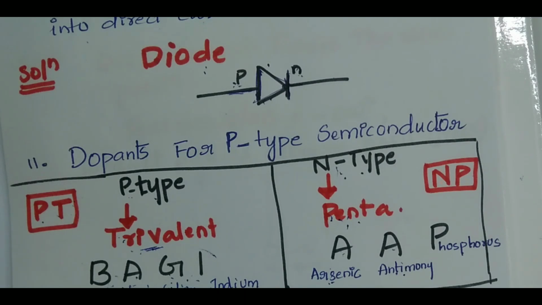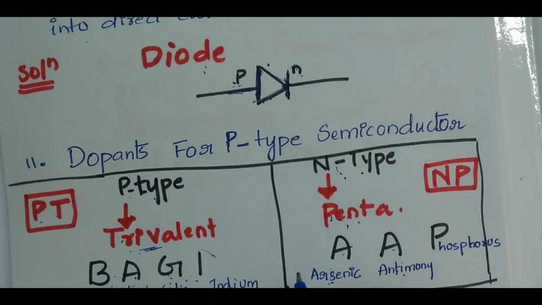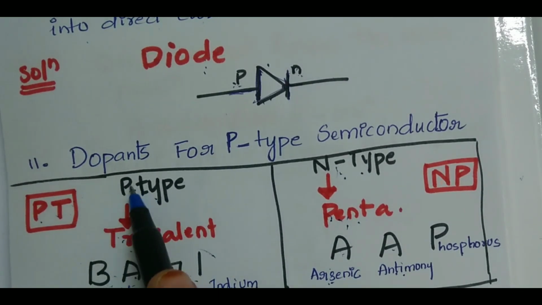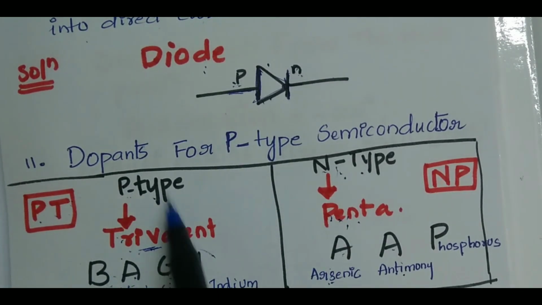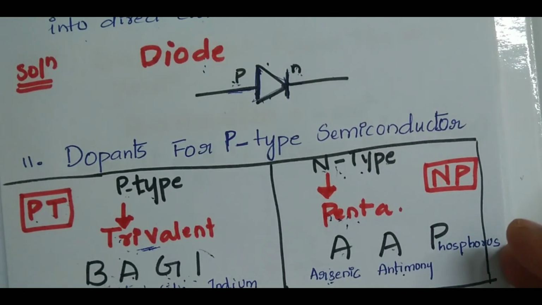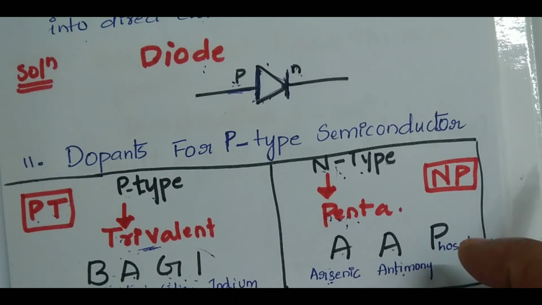You remember that you have studied it, but it is very difficult to recall. Because of that, you have to develop a memory palace in your mind. This will help you: PT and NP, Bagi for P-type and APP for N-type. Hope you understood what the dopants are.